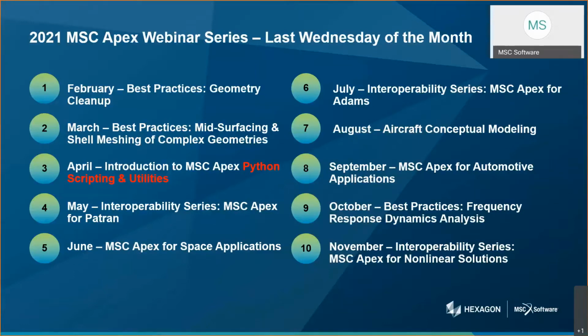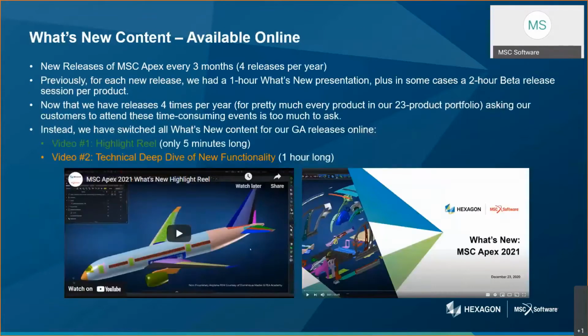Is the Python API built in within MSC Apex. And so the very next one, we'll have one of our guest speakers talk about the Python scripting and utilities commands, both from a pre-processing as well as interoperability and maybe even some post-processing scripting as well, if you guys are lucky. Okay? So stay tuned for that. We've got some exciting ones.